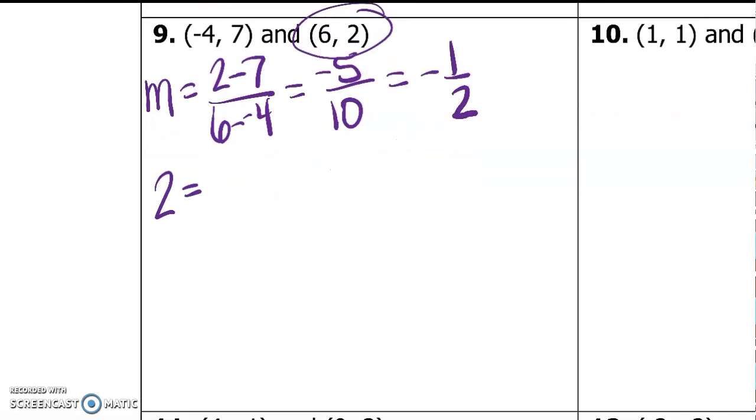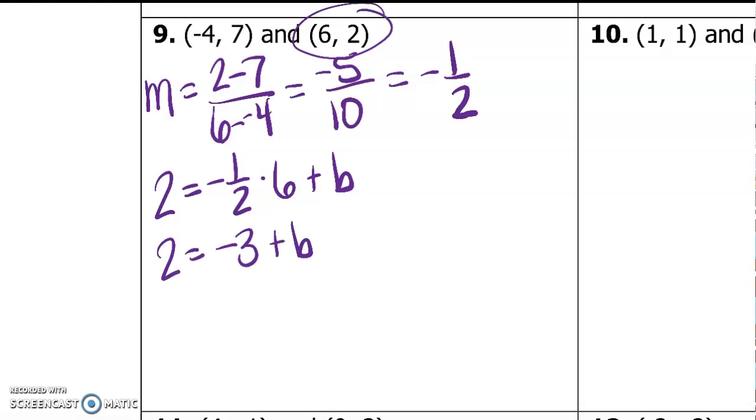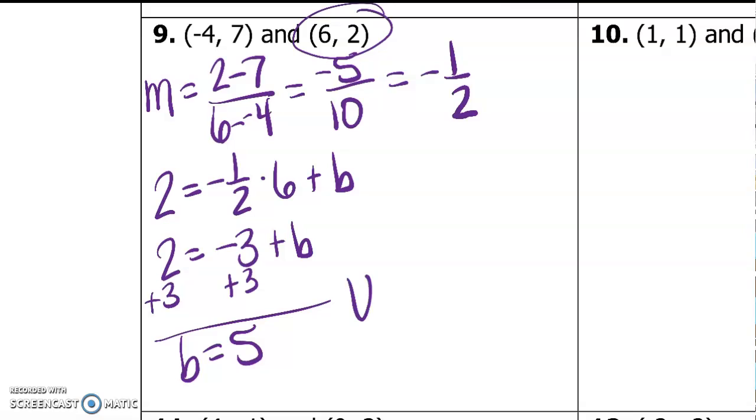So 2 equals -1/2 times 6 plus b. So multiply, 2 equals -3 plus b. So then we need to add 3 and get b equals 5. So our final answer is y equals -1/2 x plus 5.